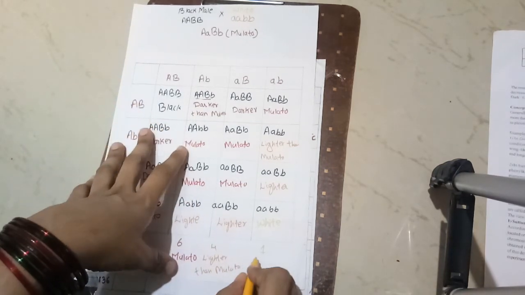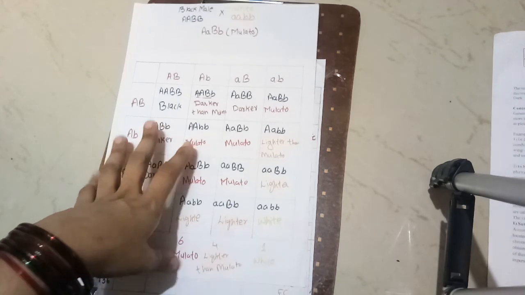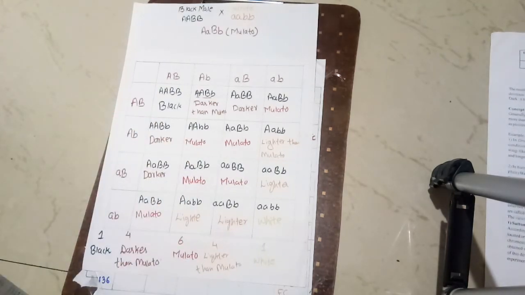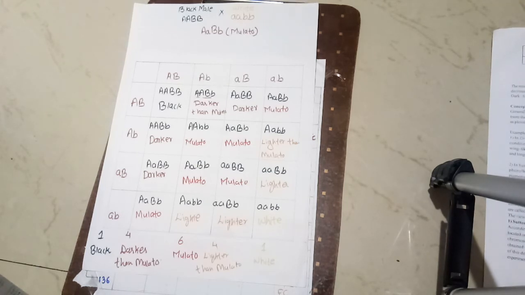Okay, so the ratio is quite different, right? We are getting one, two, three, four, five skin shades, out of which black and white, which was the original shade of the grandparents, not the parents. So the grandparental shade was observed only once, and the main parent shade, mulatto, was observed in six.